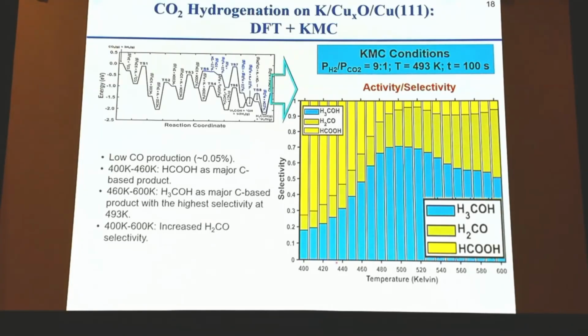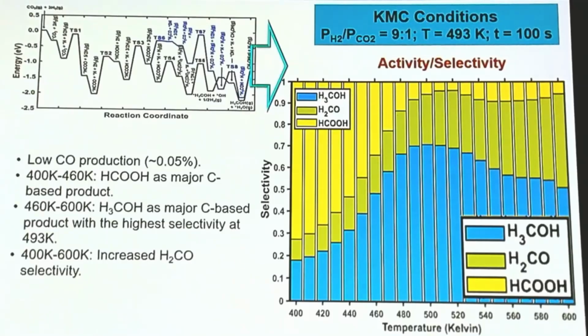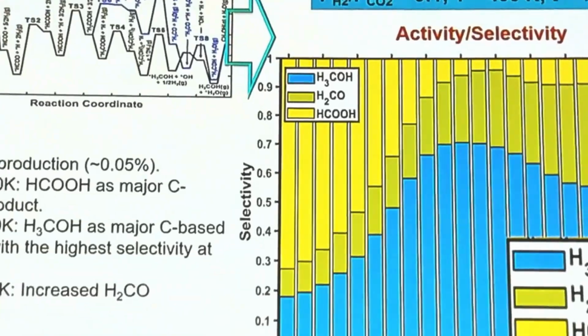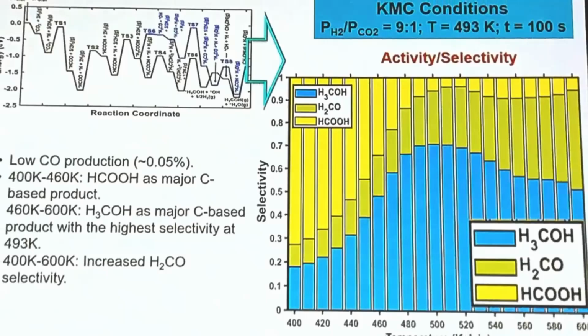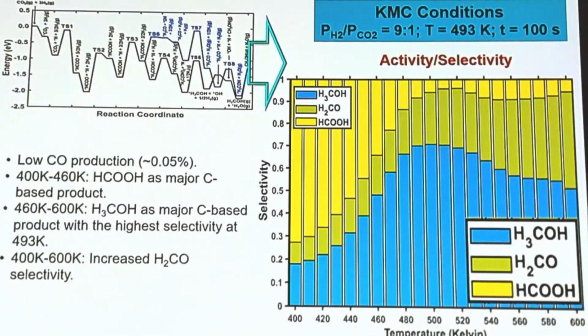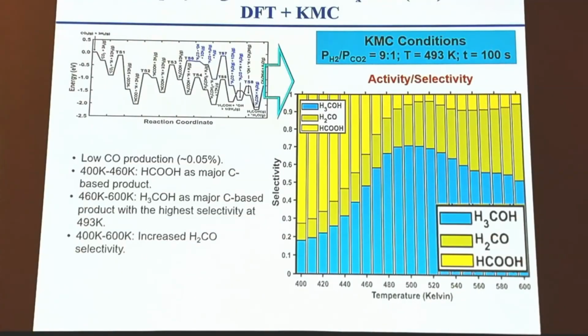And in addition, when the temperature is higher than 460 Kelvin, you actually see that methanol is a major product. Of course, when you increase the temperature, formic acid can kick in as a side product, but up to 600 Kelvin, methanol remains the major product. So that really answers our question. With the potassium decorated copper catalyst, we are able to achieve that: methanol can be the major product.